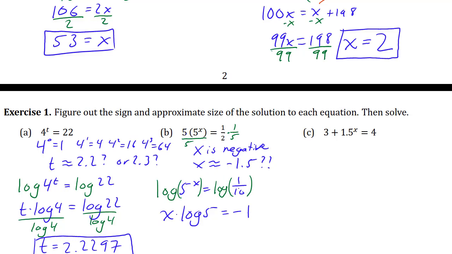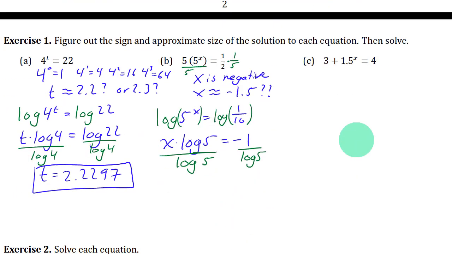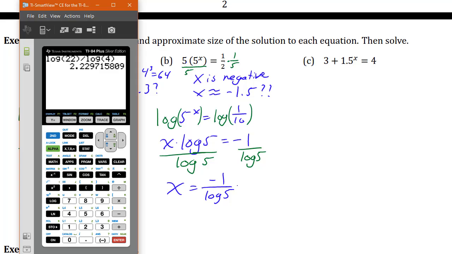And then you can just divide both sides by log of 5 to cancel that out. And we'll get x is -1 divided by log of 5. And on a calculator, that'll be -1.699.